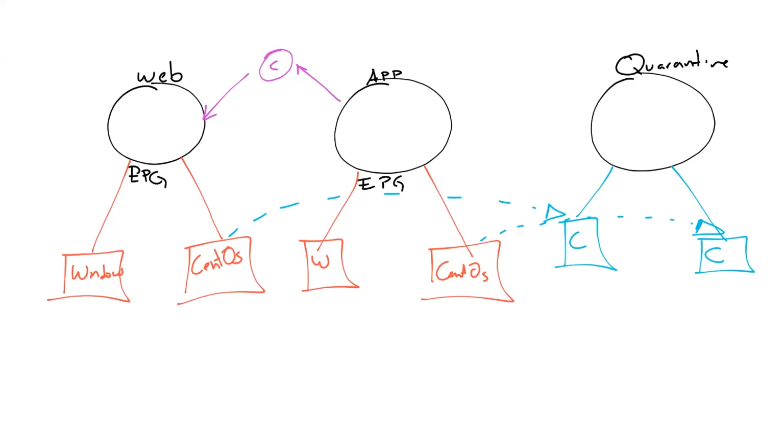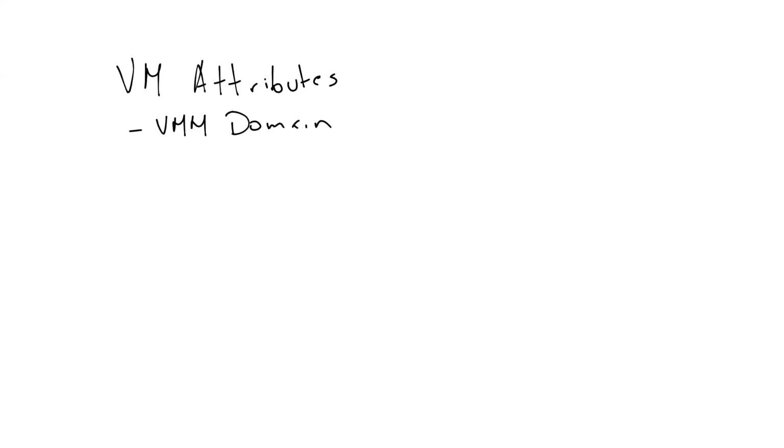If we go to the VM, virtual machine attributes, we can segment the VMs based on the next list. You can microsegment your virtual machines based on the VMM domain. So you can tell ACI, hey, I want to microsegment every virtual machine that belongs to this specific virtual machine domain.